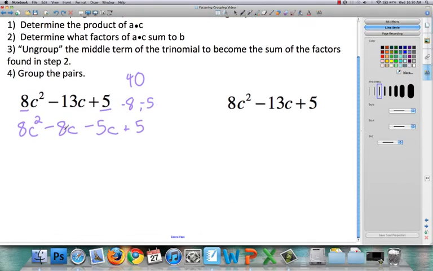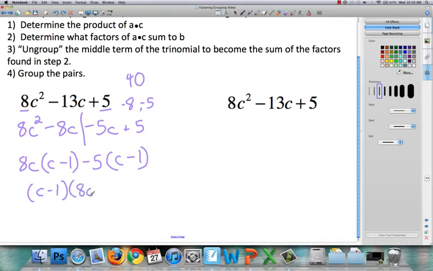We're going to split apart the polynomial into 2 binomials and factor out a GCF. So we have a GCF of 8c, which leaves us with c minus 1, and we have a GCF of minus 5, which also leaves us with a factor of c minus 1. Our common binomial is c minus 1, and we're left with a binomial of 8c minus 5.